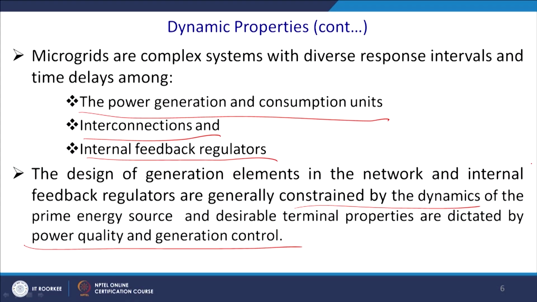Desirable terminal properties are dictated by the power quality and the generation control. So, power quality is something we have to take into account. If you have solar, or a good amount of power is available to you, then you can inject power to the grid.